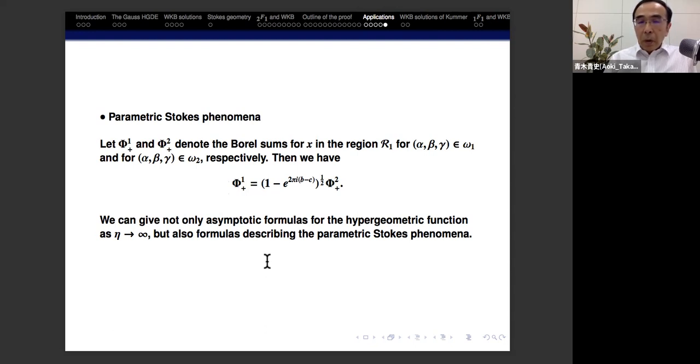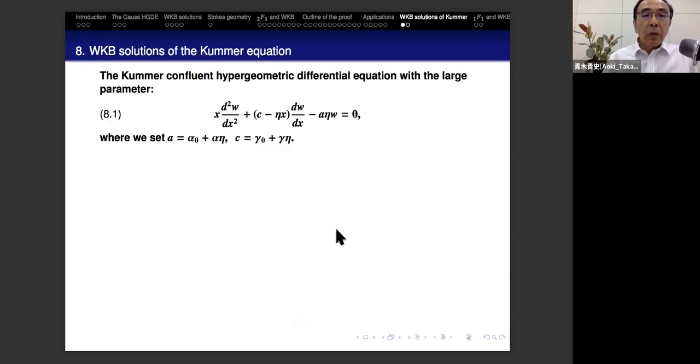Next, I will show you similar formulas for the Kummer equation. We introduce the large parameter eta into the Kummer equation and obtain this equation.